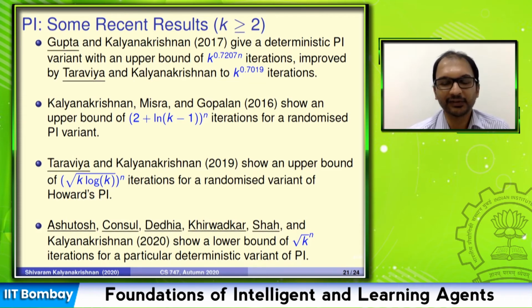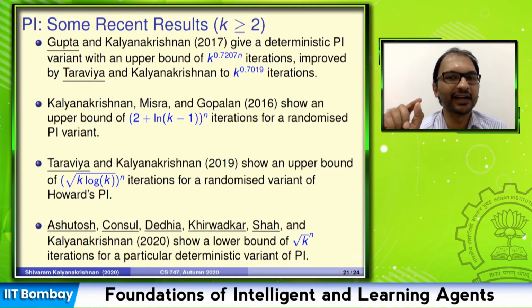So there exists a member of the PI family that takes an exponential number of steps to complete on k-action MDPs.